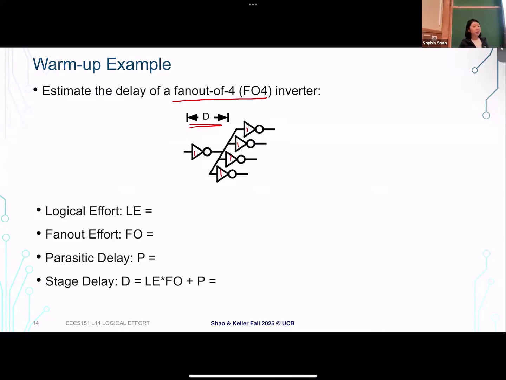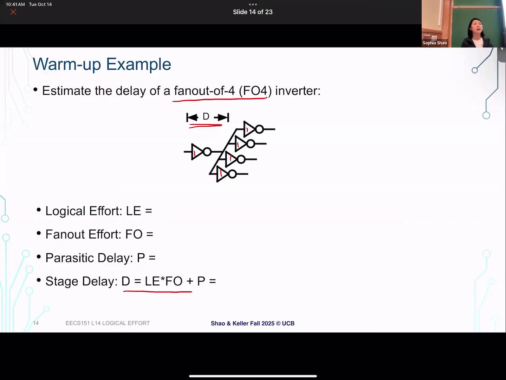We discussed that when we introduce the concept of logical effort, the delay is the parasitic delay intrinsic to the gate, plus the fan out weighted by the logical effort.